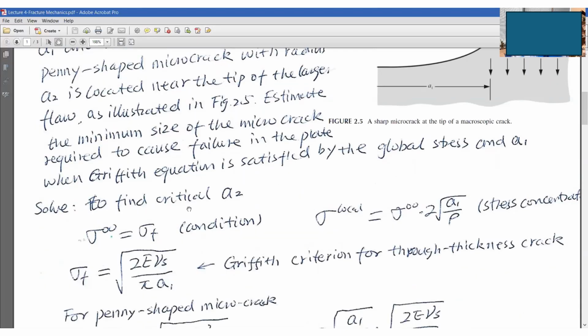Our goal is to find the critical A2 at which, if we have this applied load, it will crack. So the condition is that sigma infinity equals sigma failure. We also know that sigma local equals sigma infinity multiplied by 2 times the square root of A1 divided by rho, because of stress concentration.